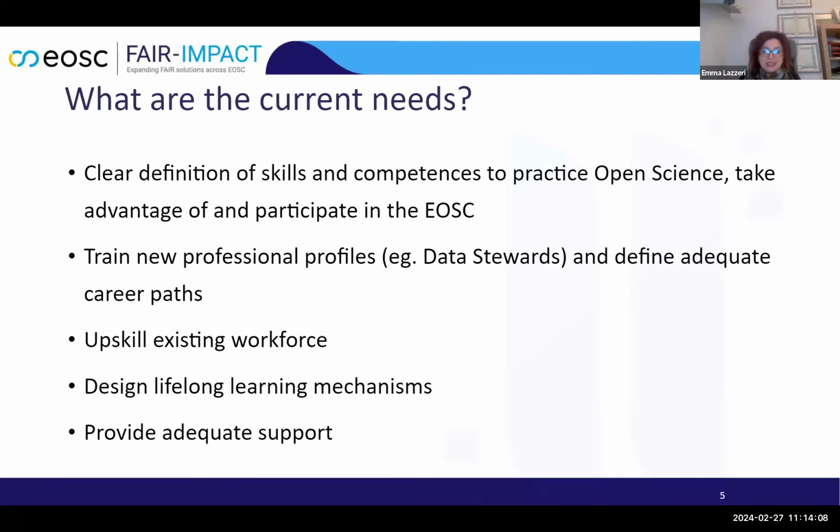So we also need to adequately upskill people on the go. So design a mechanism for those professionals that are already working in this context to be updated. And then, of course, we need to provide adequate support.